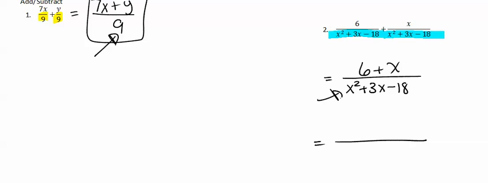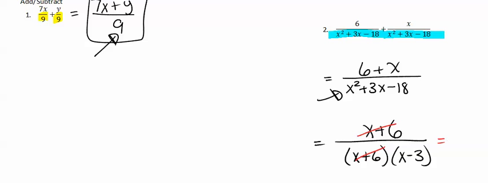The denominator right here is factorable, and it becomes x plus 6 and x minus 3. And since our numerator is really x plus 6, you'll notice that that will indeed simplify. And since that reduces and cancels, you're left with 1 in the numerator over x minus 3.